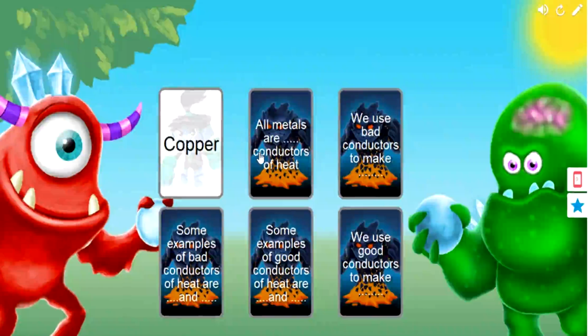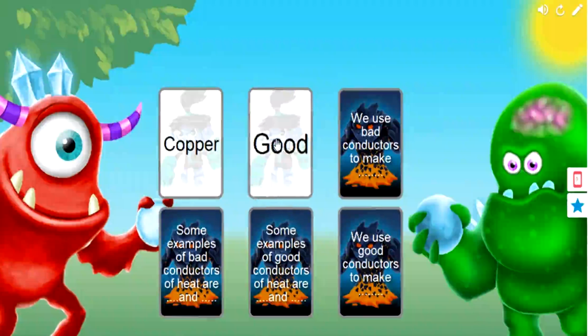Question number 2, all metals are good conductors. Question number 3, we use bad conductors to make what?